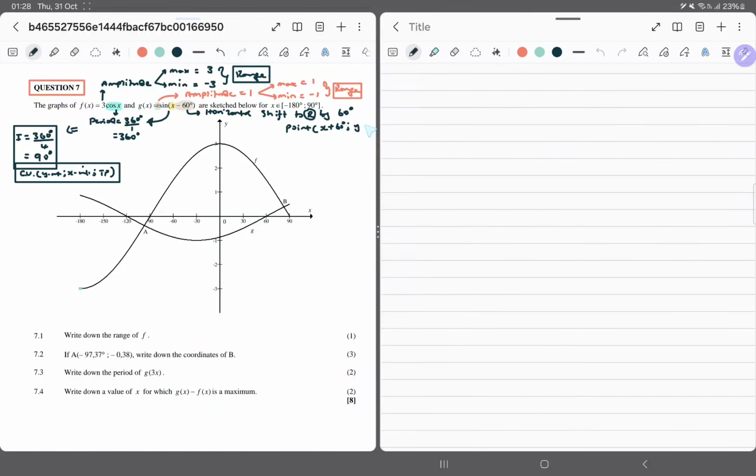Okay, maybe let's just keep it this way. So basically, taking any point, the x value will add 60 degrees and the y value may remain the same. This is essentially the information being given by that piece of information.